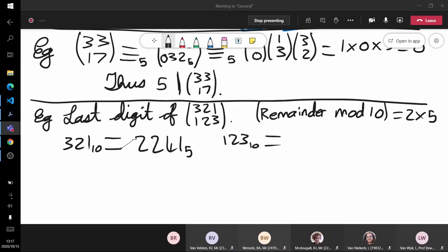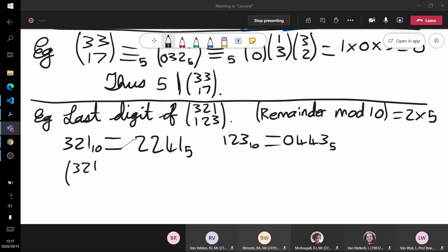Should be 4, 4, 3 base 5. And just to make sure that we have the same number of digits on each side, we add a 0 in front of the base 5 expansion of 123.